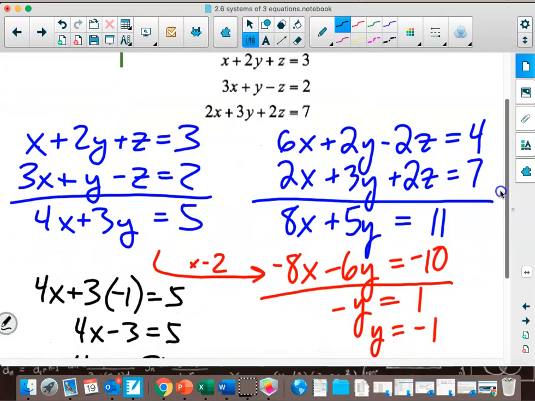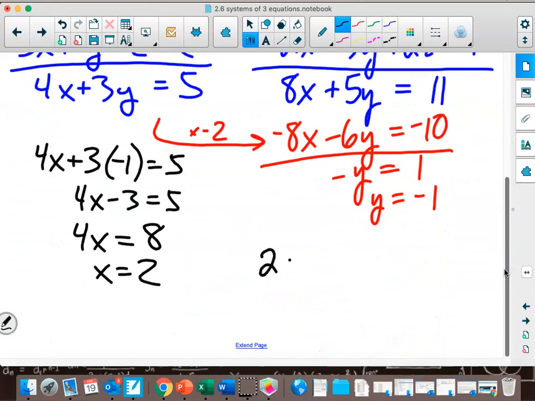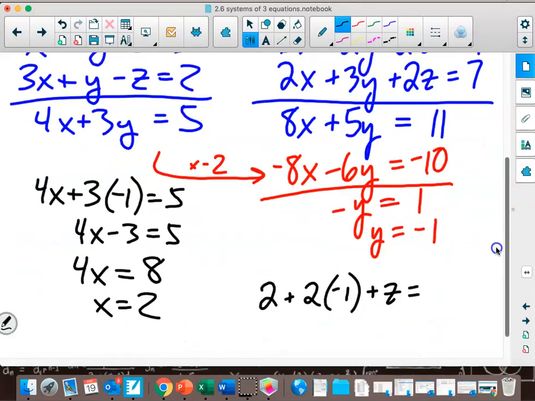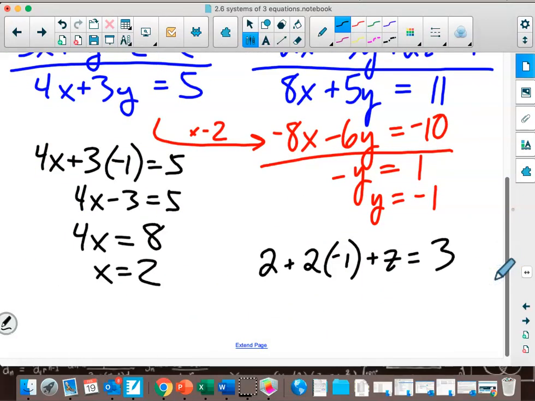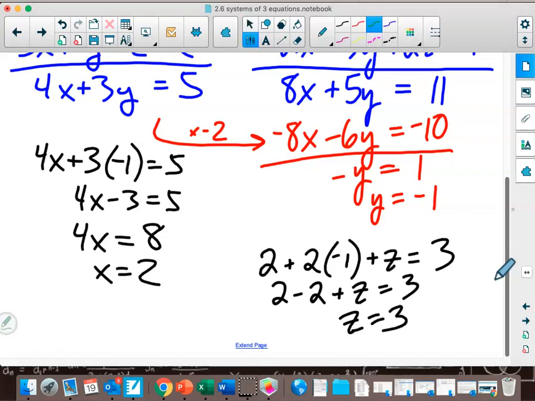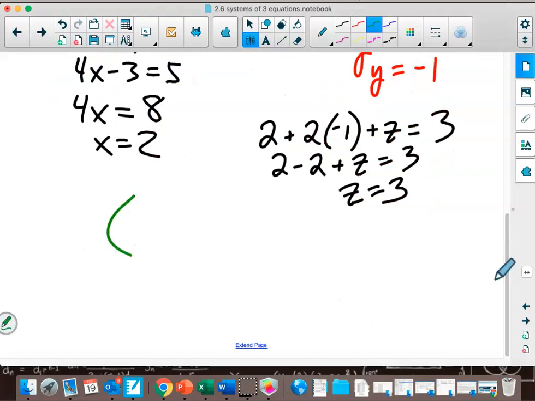So I have 2 plus 2 times negative 1 plus z equals 3. 2 minus 2 plus z equals 3. So z equals 3. How do I write my answer? An ordered triple, right? 2, negative 1, 3.